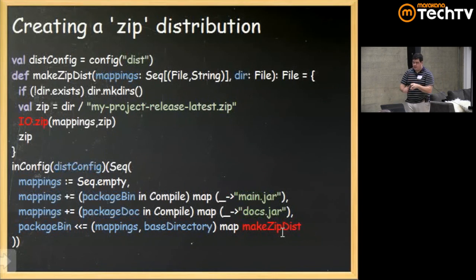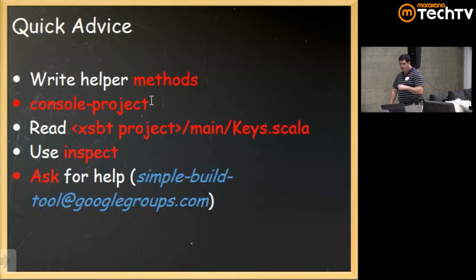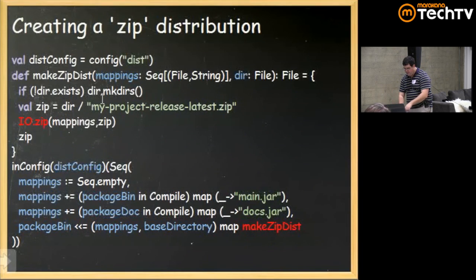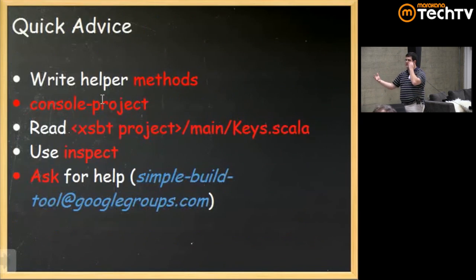in SBT, the confusing parts, right, are the fact that you're dealing inside of these initialized tasks, the fact that when I write a method, I have to know what all these existing keys are and their types. So when you use SBT, I recommend writing helper methods for everything you want to do. So I know that I want to do foo. I'm going to write a method that takes in some inputs and does foo.